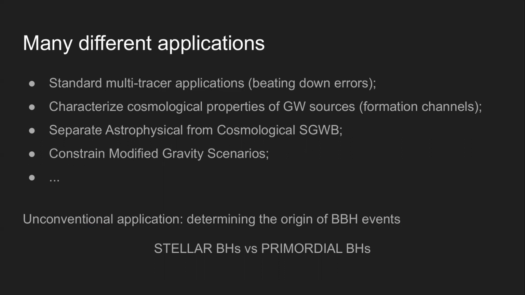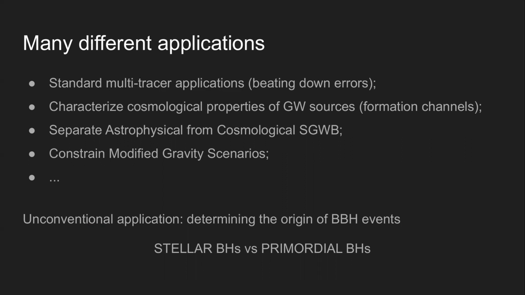For instance, their formation channel. In the latest LIGO data release, there was the first evidence of multiple binary formation channels for black holes. And you can hope to characterize these binary formation scenarios even more by joining these two big fields.